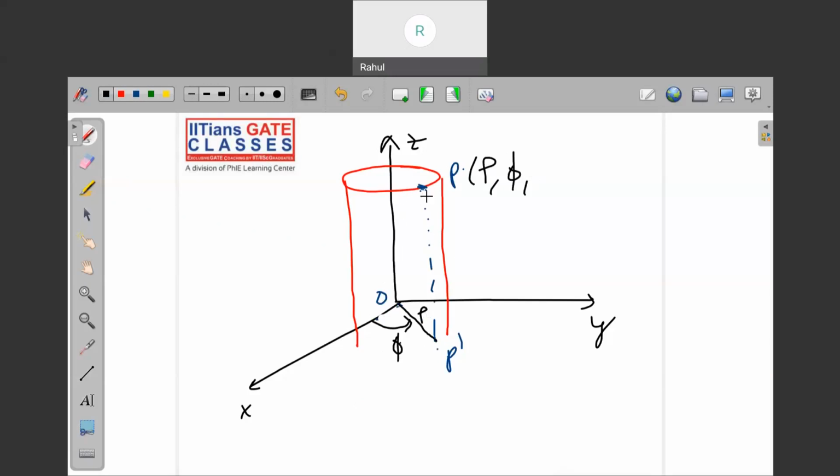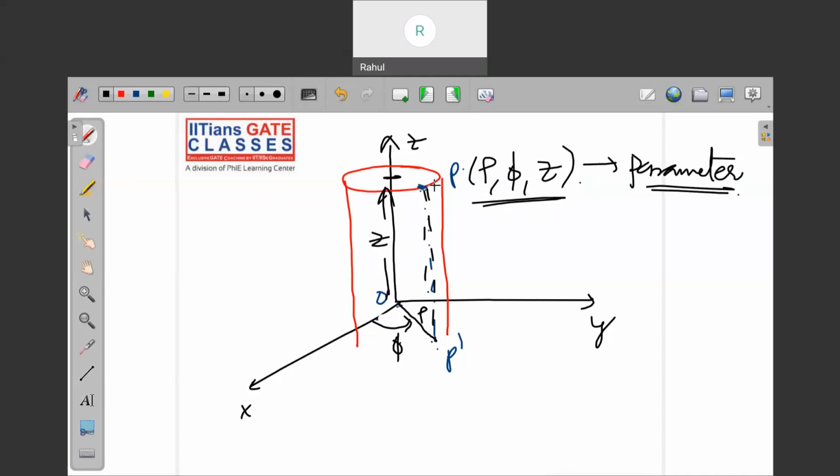From here to here is z. So this is rho, phi, z. This point P can be represented as rho, phi, z. So the parameters for the cylindrical coordinate system are rho, phi, z. The parameters for the Cartesian coordinate system were x, y, z.